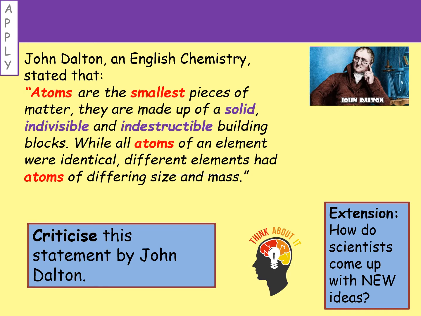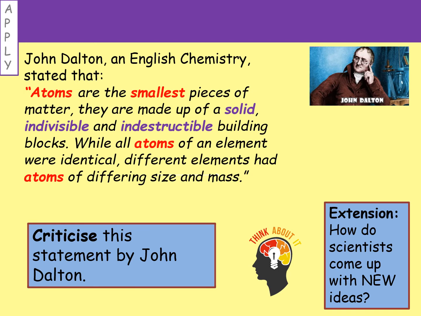What I'd like you to do is criticise this statement. When you criticise somebody, you kind of pull apart what they've said, and you say, oh, I like this bit because of this, or I don't like that bit because of that. What I'd like you to do here is perhaps use the colours that are on the paragraph, but also the words themselves.